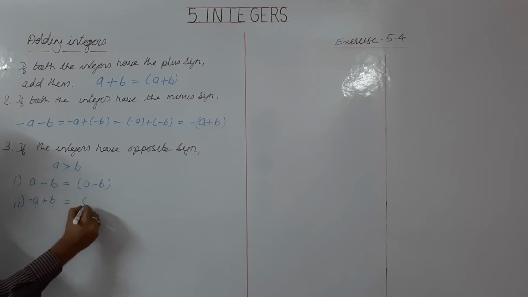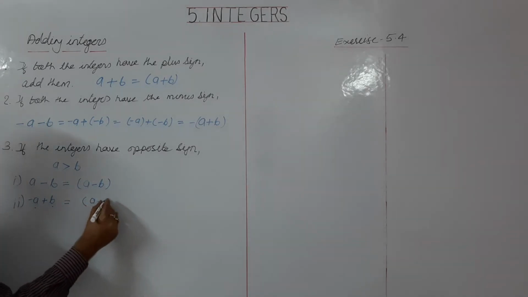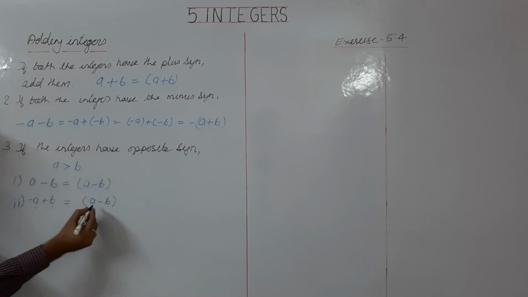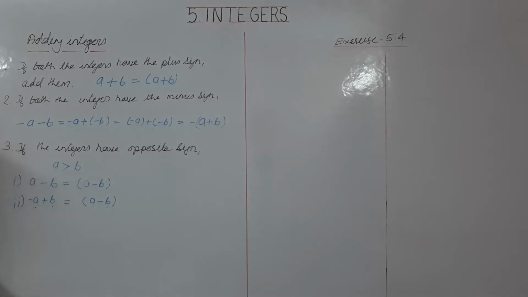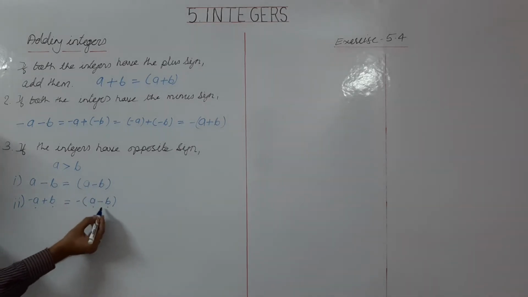Then what to do? Again perform subtraction, a minus b, greater number minus smaller number. Then put a negative sign before the bracket or before the total, or just find its opposite.